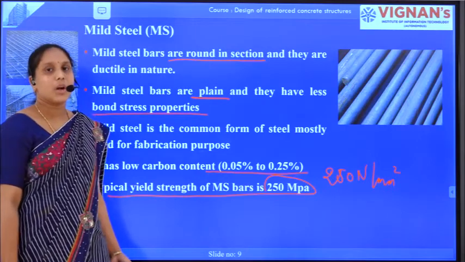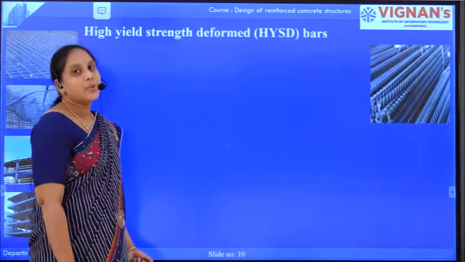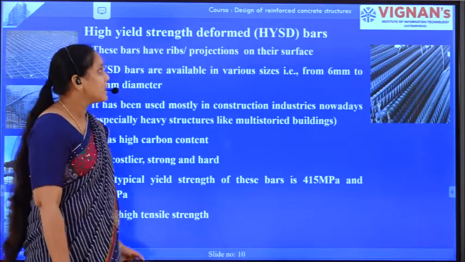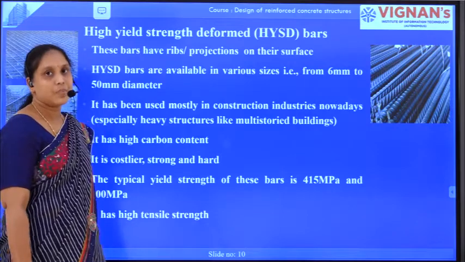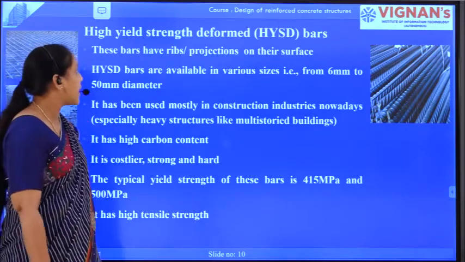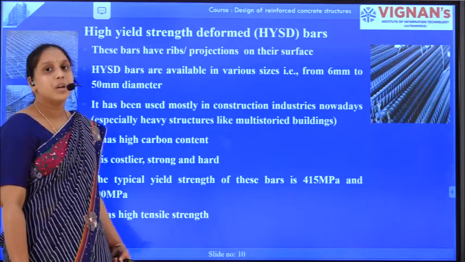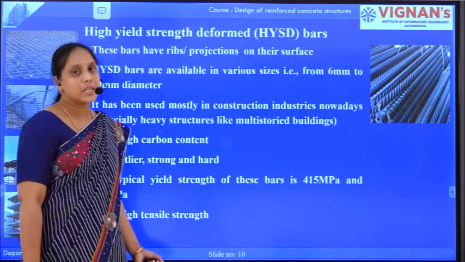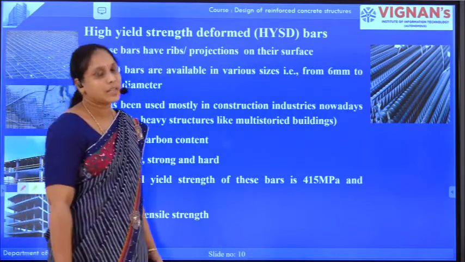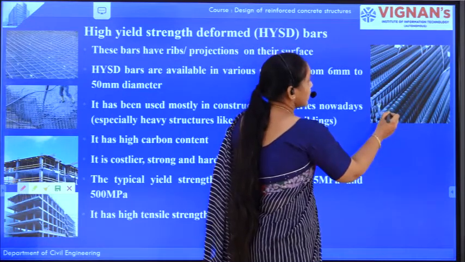Now let us see what the HYSD bars are. HYSD bars are also termed as high yield strength deformed bars. So what are these HYSD bars? The HYSD bars are also round in section, but the difference between the mild steel bars and the HYSD bars is that the HYSD bars have projections on the surface.